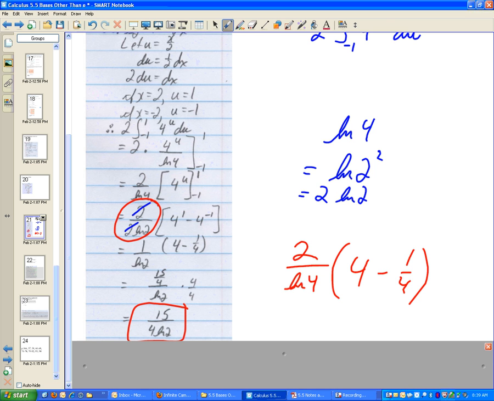Now, here's the thing. Here's the catch-22. Sometimes you have to use your answer from part A to do something with it on part B. Not all the time. They're actually pretty good about keeping the parts separate, so that if you mess up A, that doesn't mean you can't get B right. Okay?